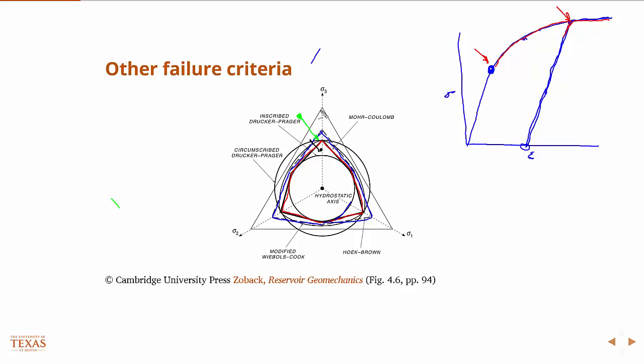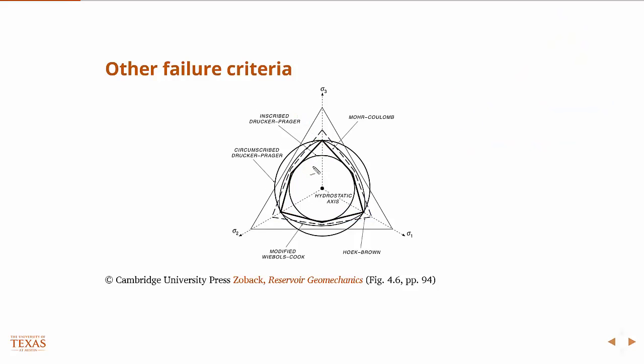Well, what if I find myself, wait, what's the normal vector to, let me clear this off. What's the normal vector to this point on the Mohr-Coulomb yield surface? It's undefined.